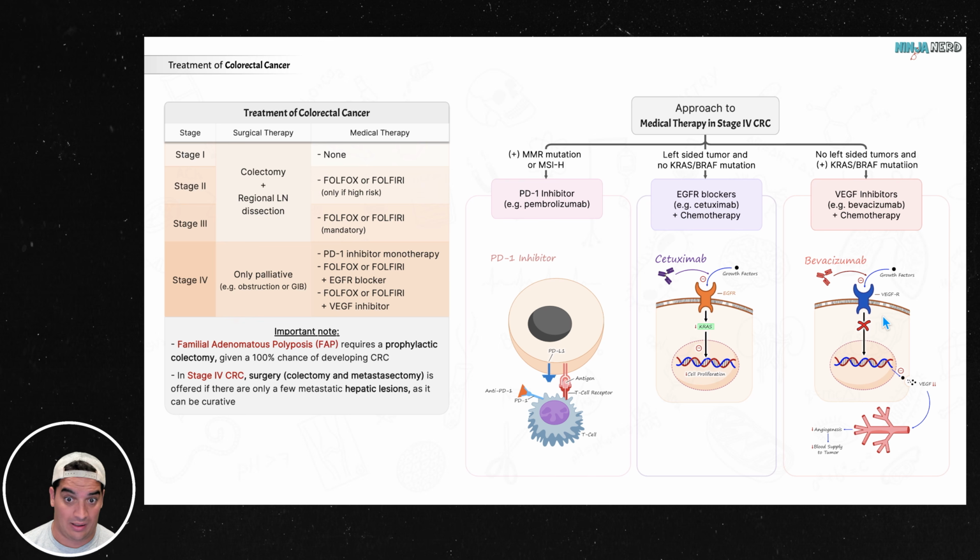So you can do a colectomy and a metastasectomy, but it's only offered if there's just a couple of those hepatic lesions and they're peripheral, accessible points where I can get to them and remove them without causing a lot of potential extensive damage, and there's no other mets anywhere else. All right. So that is something that could be considered, but don't spend too much time thinking about that. It's just an option to think about.